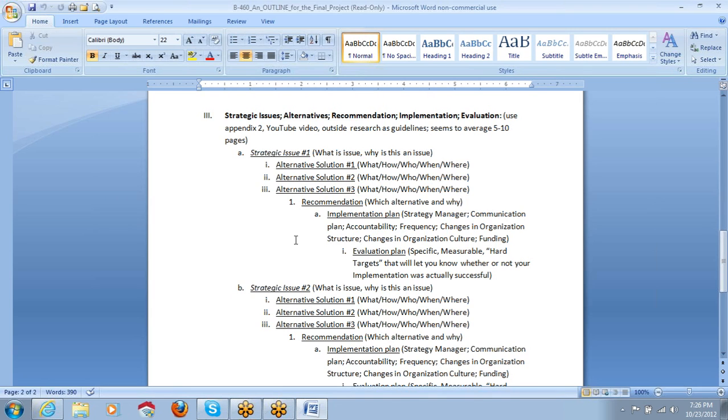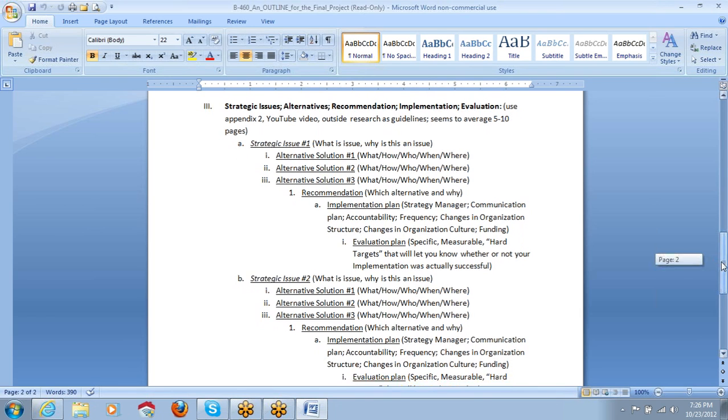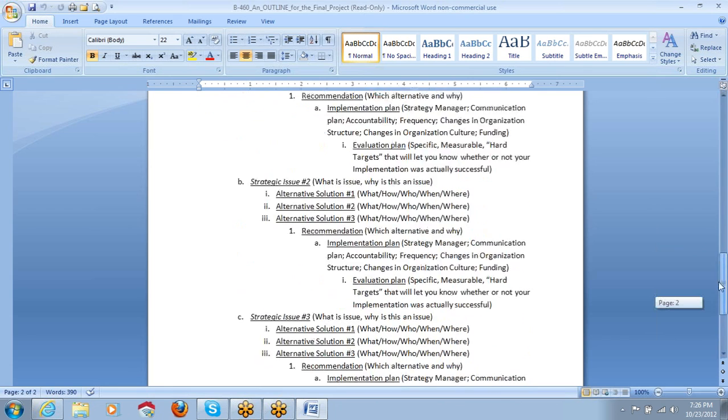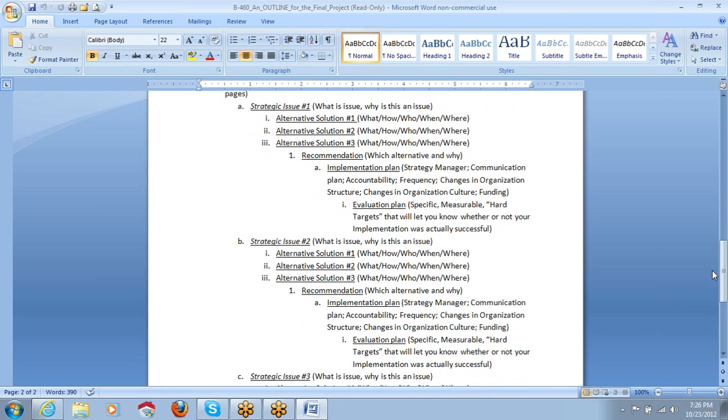Now it gets a little confusing in here. I'll try to explain it. You have 3 issues. Strategic issue 1, strategic issue 2, strategic issue 3. These are 3 things that you want to fix. You've done your SWOT. You've now come up with 3 things that you want to fix. For each one of those things that you want to fix, you come up with 3 different solutions.